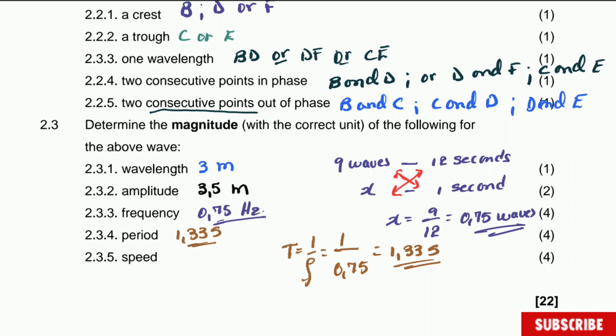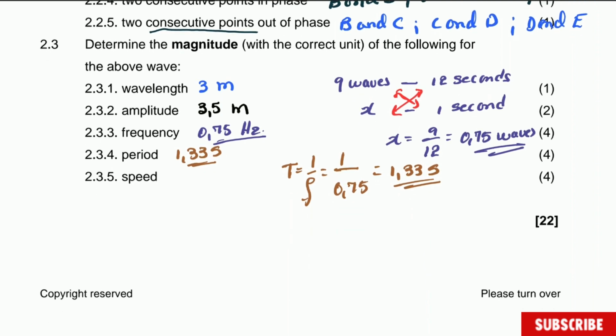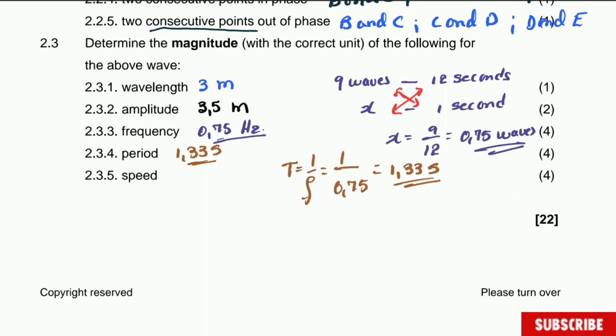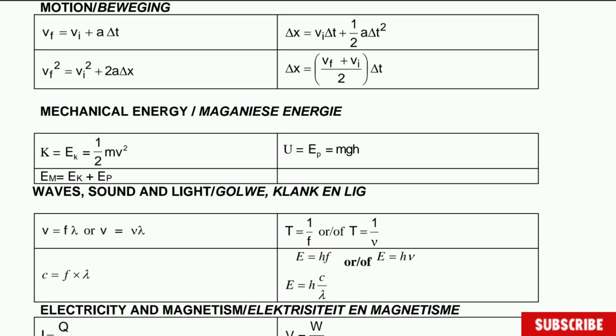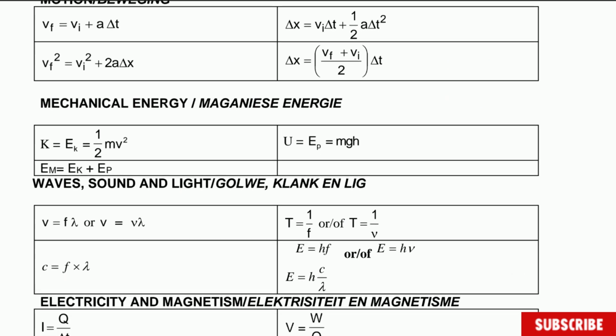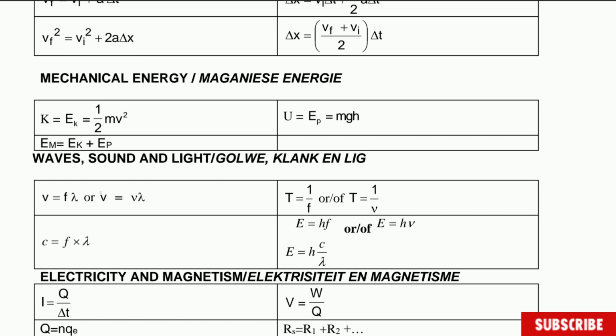We are almost done. The speed, you have to calculate the speed. There are a few ways of calculating speed. I am going to use only one of the formulas, but before doing that I wanted to show you that in the exams, at the back of the exam, guys, here are the formulas. These are the formulas for speed, as you can see here.